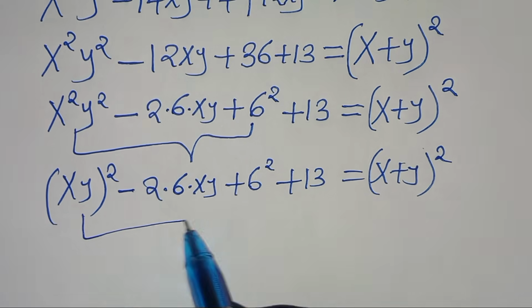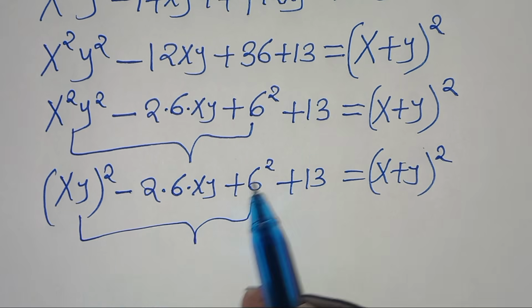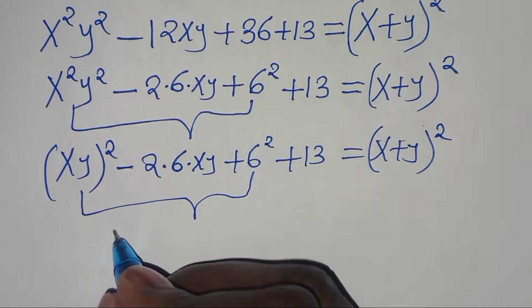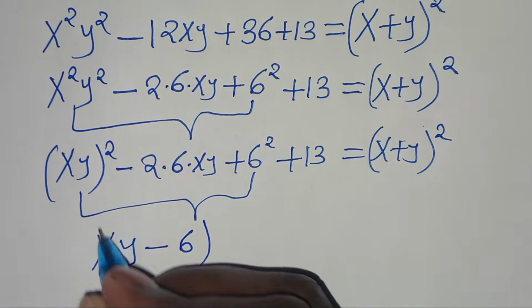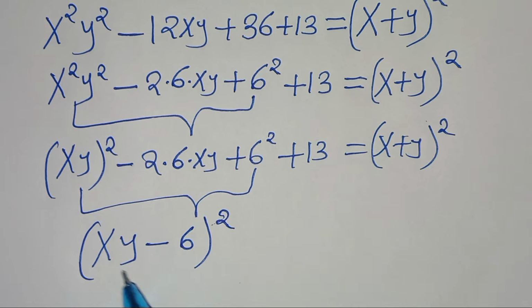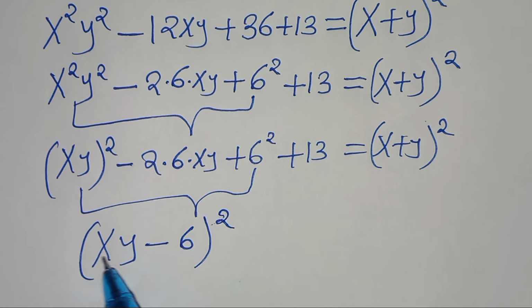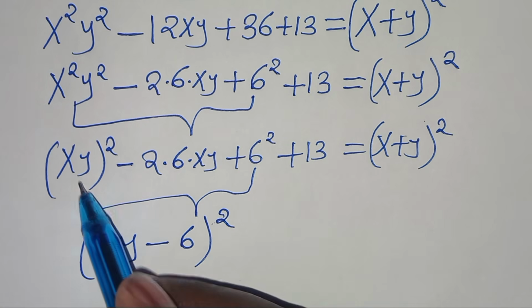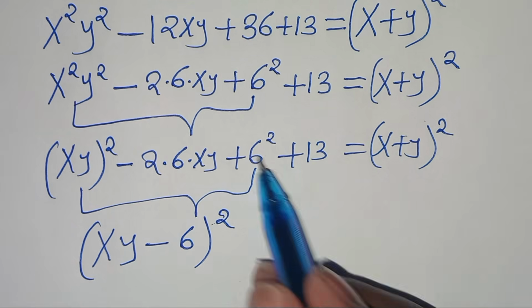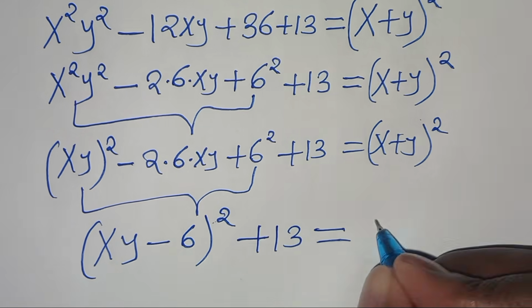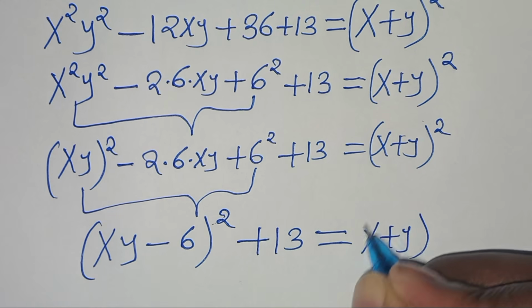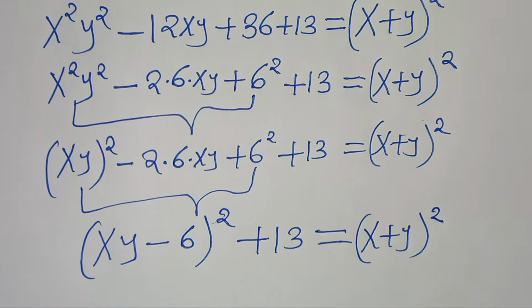We are saying this particular part we can express as (xy - 6)^2. If we expand this, (xy - 6)^2, then plus 13, this is equal to (x + y)^2.